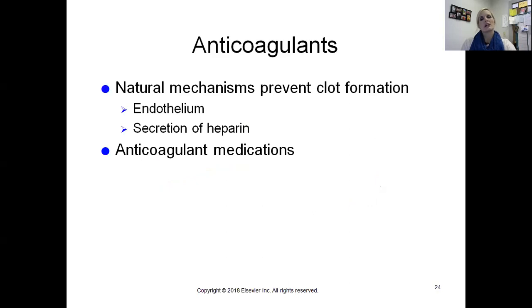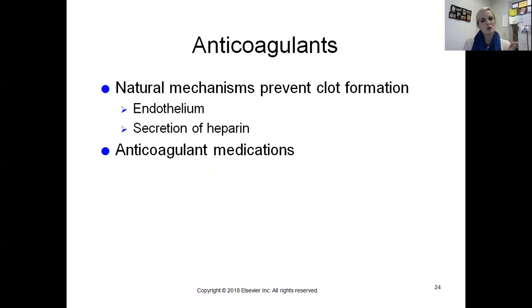As I mentioned earlier regarding anticoagulants, we do have a natural anticoagulant in our system called heparin. Those basophils are going to help with that. So we have natural mechanisms that prevent the formation of a clot. The endothelium itself, which is the inner lining of our blood vessels, which we'll discuss in a couple chapters when we start talking about arteries and veins, is designed to prevent things from being trapped there.